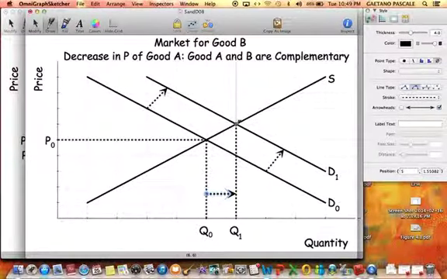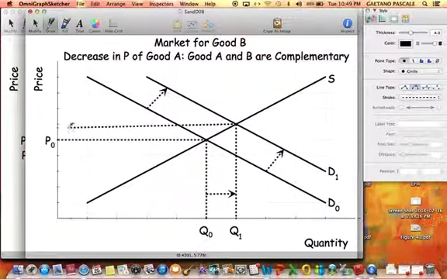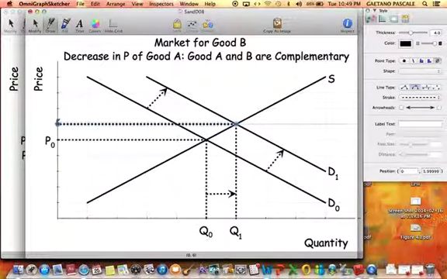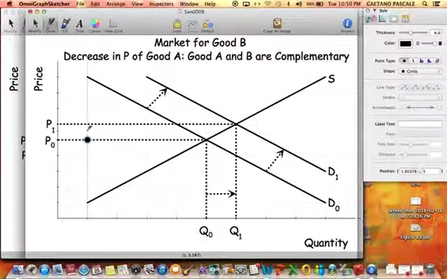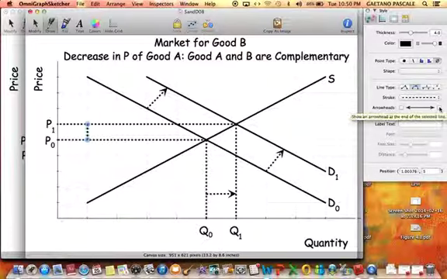If we want to know what happened to the price, we can go in and draw the price line, which is at the new equilibrium point where D1 and the original supply curve intersect one another, and that gives us the new equilibrium price. So we label that as P1. And once again, what we can do is draw in a little arrow to show that the equilibrium price increased because of this.